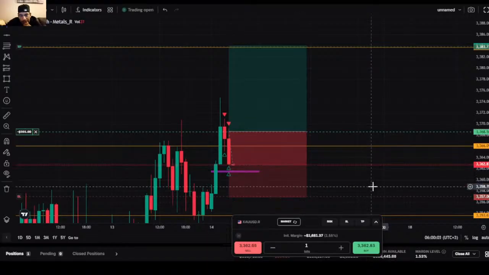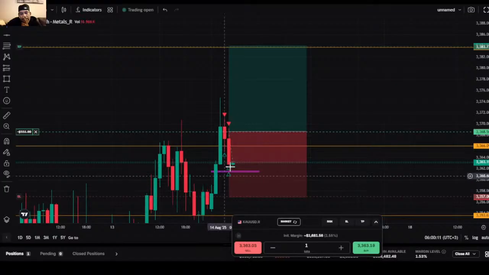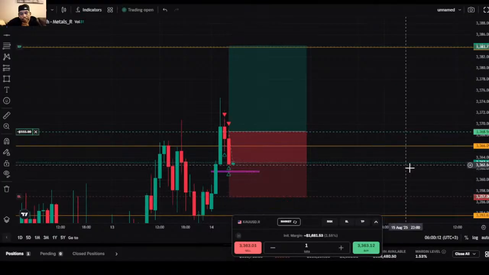On top wick. Should come down though a little bit more.